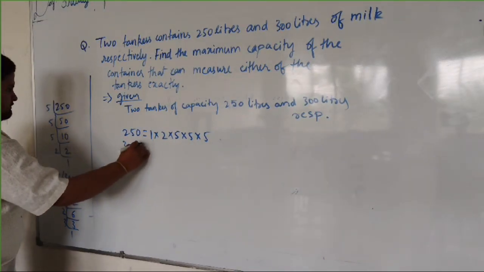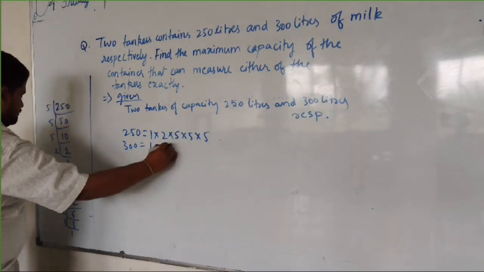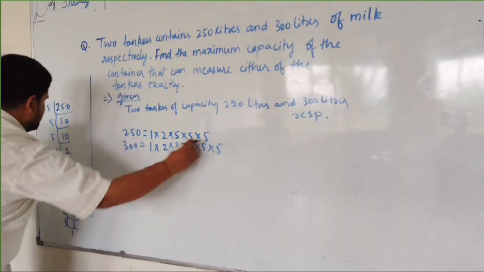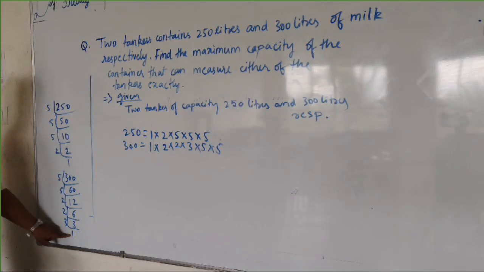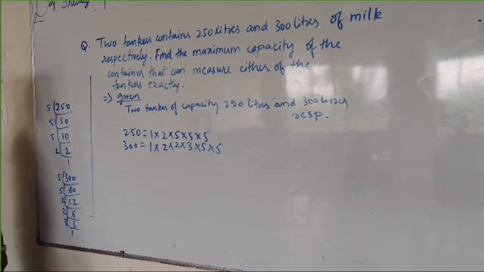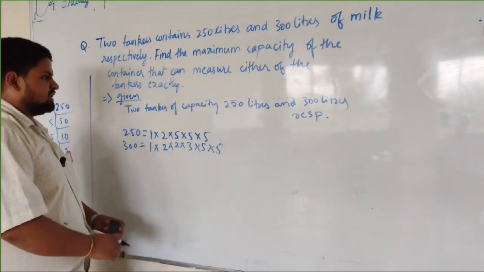So 300 can be written as 1 into 2 into 2 into 3 into 5 into 5. I'll make sure all the factors are written properly, the order does not matter. We have already studied it in the fundamental theorem of arithmetic.